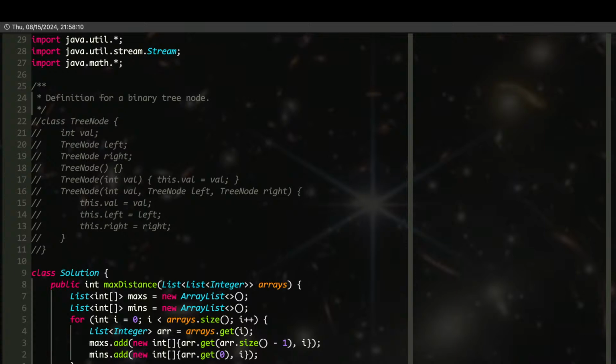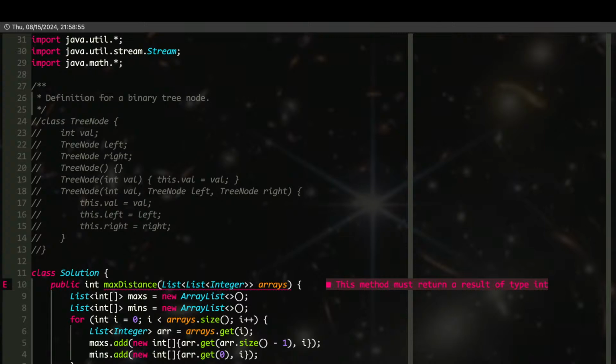So maxes.sort, mins.sort. We have to put A, B, Integer.compare A0, B0. How about we just sort it in reverse order? Maybe it will be easier for us to handle this. And this is gonna be A, B, Integer.compare A0 and B0.